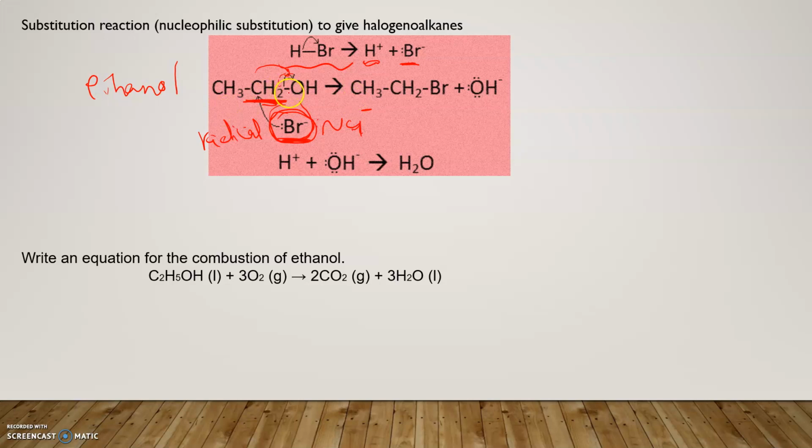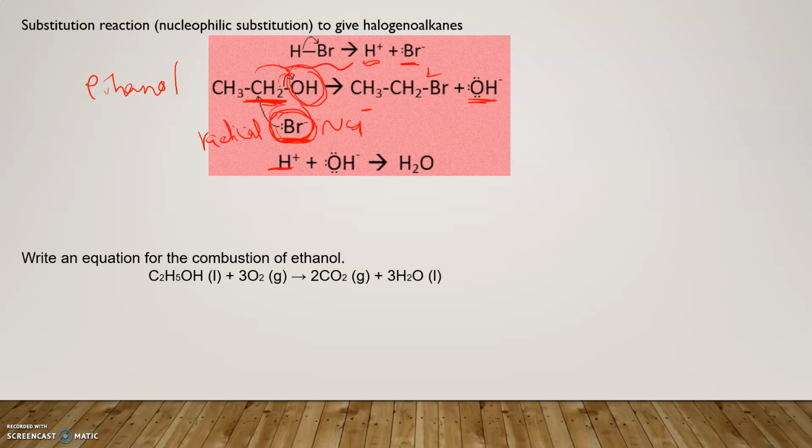So when ethanol reacts with the nucleophile, which is bromide, there is a substitution. A substitution means the OH is removed and the Br is replacing it. Now the OH reacts with the hydrogen from here and gives H2O.